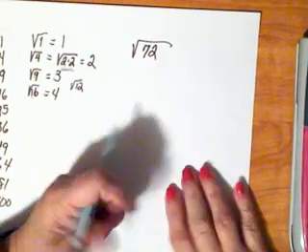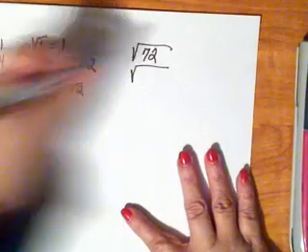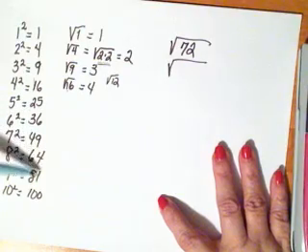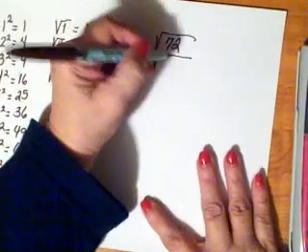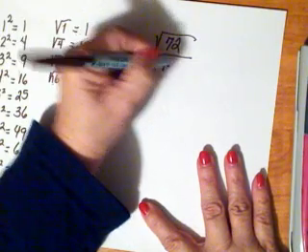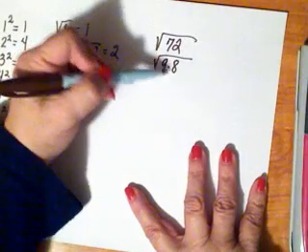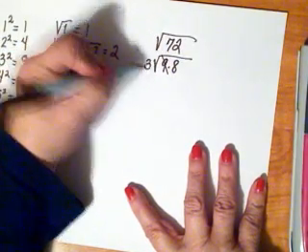So let's start out and let's factor this into two numbers. And I want to try to use numbers that come in this column over here so that I could take a square root of it. So I'm going to look real quick and say, we know real quickly that 9 times 8 is 72. And then I can take the square root of 9, and the square root of 9 is 3.